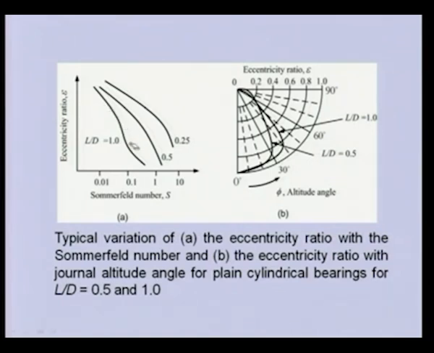So this basically gives the equilibrium position of the bearing. We can also plot the variation of the path for different L by D ratios. This contains both the eccentricity as well as the attitude angle, so it has more information regarding the bearing equilibrium position.